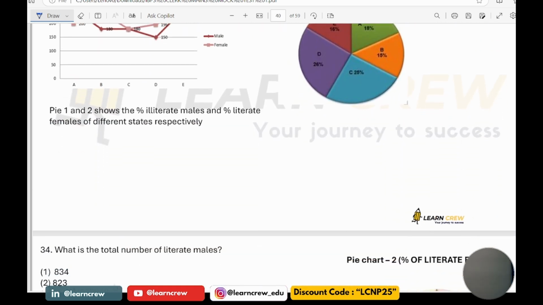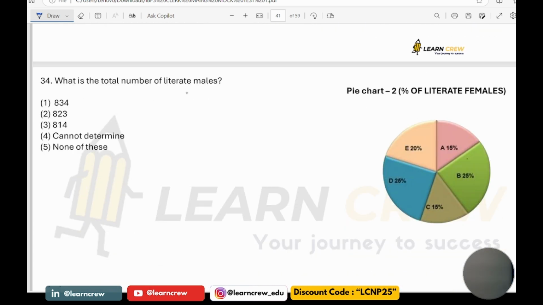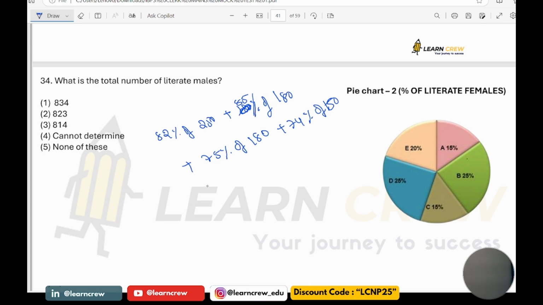Next, question number 34. What is the total number of literate males? Total number of literate males are how many? It is 82 percentage of 250 plus 85 percentage of 180 plus 75 percentage of 180 plus 74 percentage of 150 plus 84 percentage of 250.